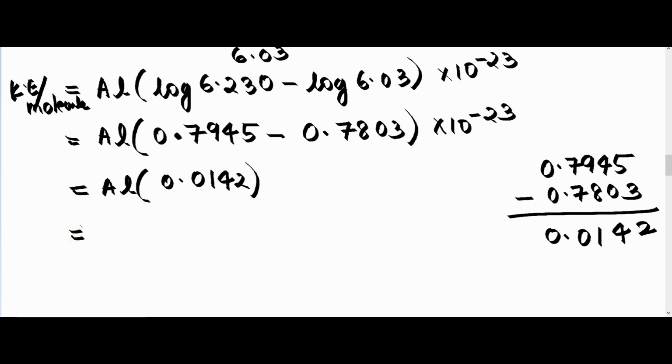If you look at this number in the antilog table, 0.0142, the final answer is 1.033 joule. Since it is just energy per molecule, it will be in terms of joule.